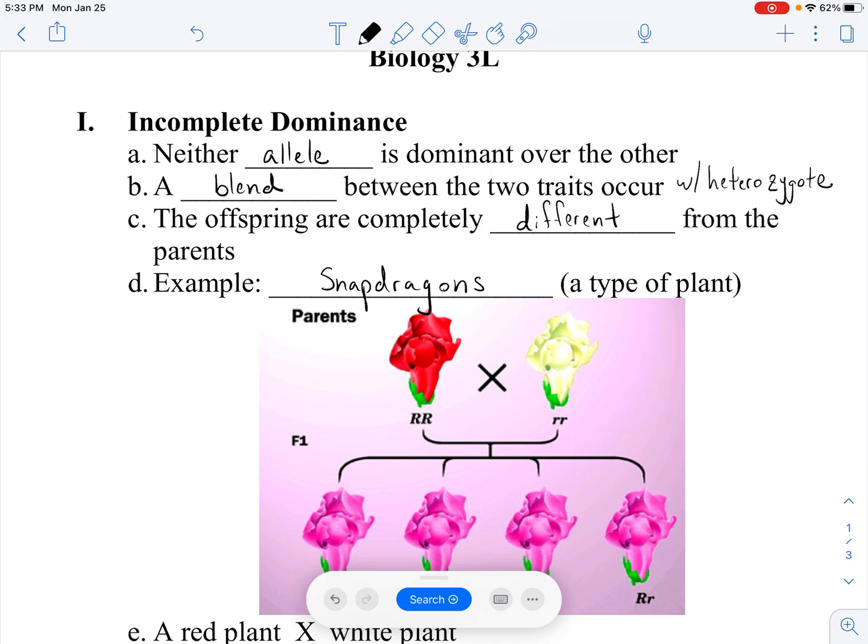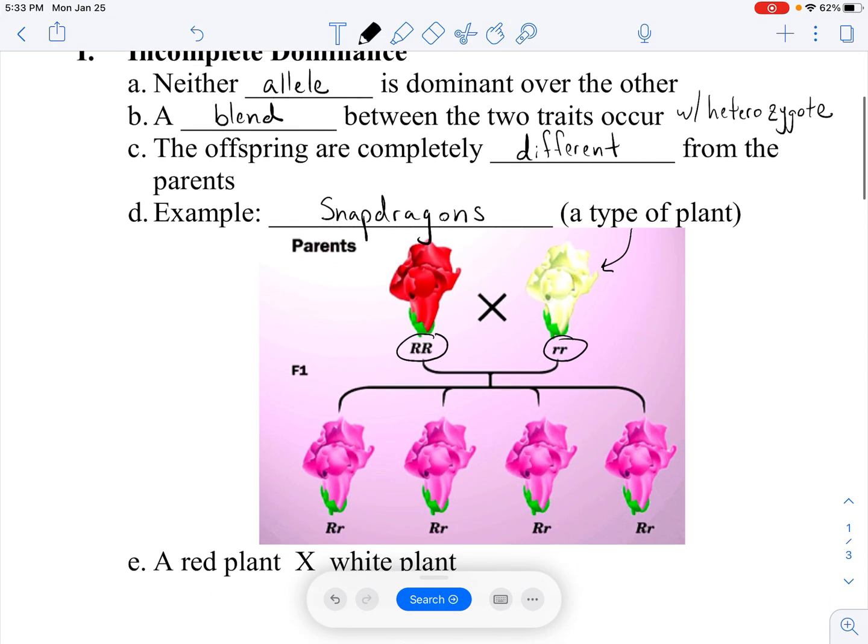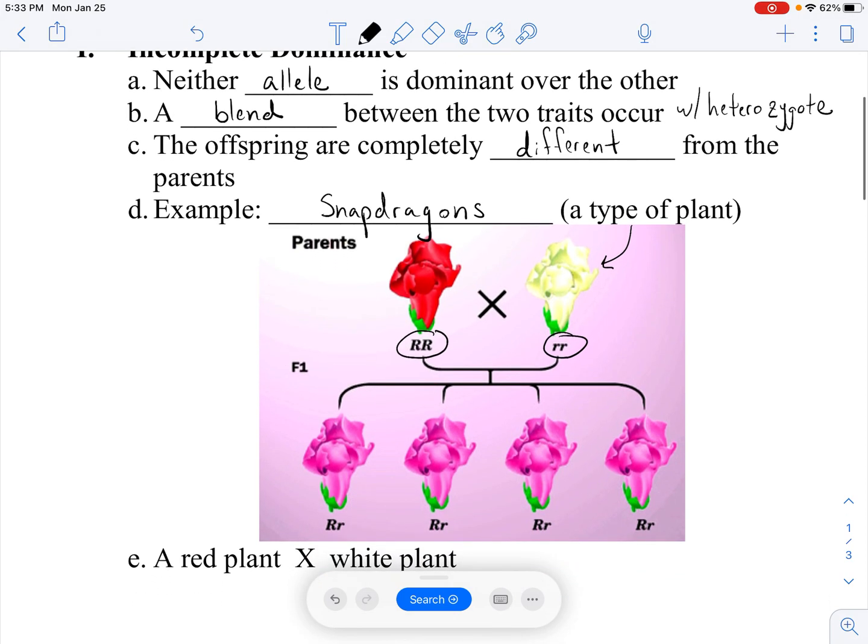Snapdragons are a type of flowering plant. The flowers look like this. And when you cross a red snapdragon with a white snapdragon, and for the sake of simplicity, we're going to use capital and lowercase again, you would expect that the heterozygote would be red, but instead you get a blend where you get pink.